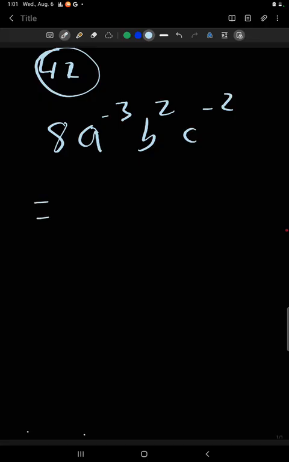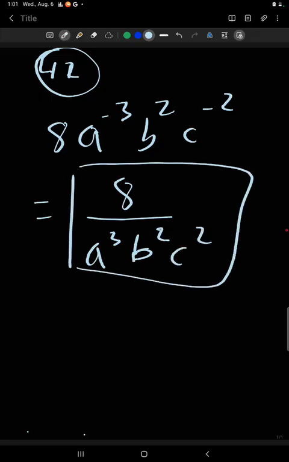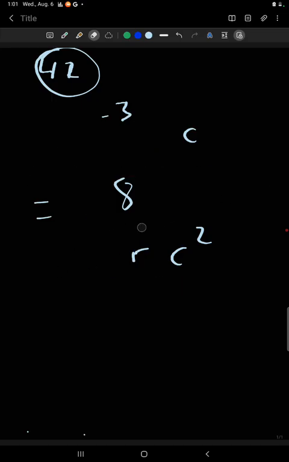So 8 is going to be the only thing remaining on top, since it has essentially power 1. The rest is going to be in the denominator: a cubed, and then b squared, c squared. This is the answer to problem 42.